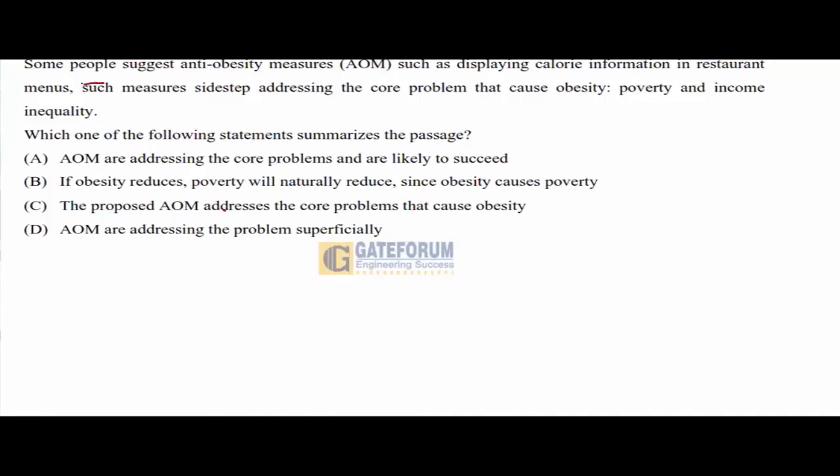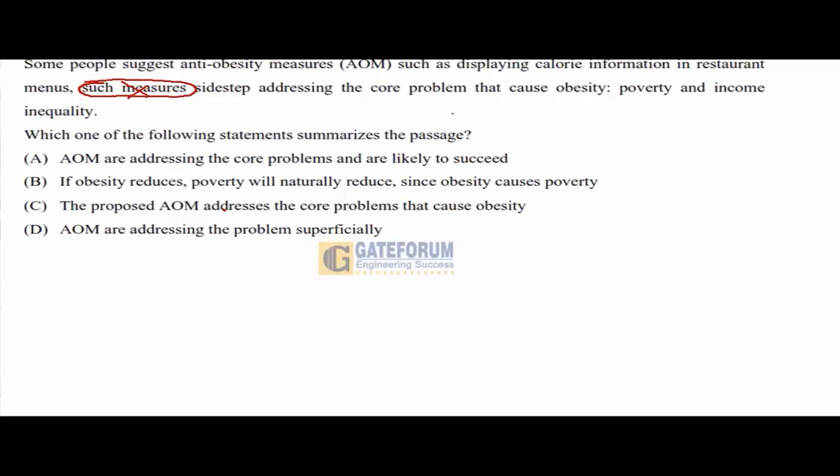This destroys the flow. So some people suggest anti-obesity measures such as displaying calorie information in restaurant menus, sidestep addressing the core problem that cause obesity. Obesity means gaining in weight. Obesity, poverty and income equality. So that has been suggested.